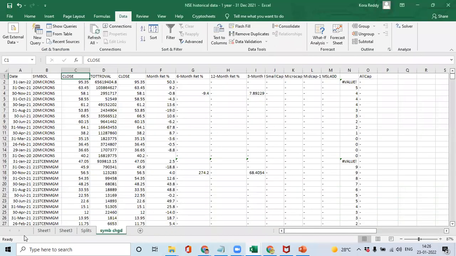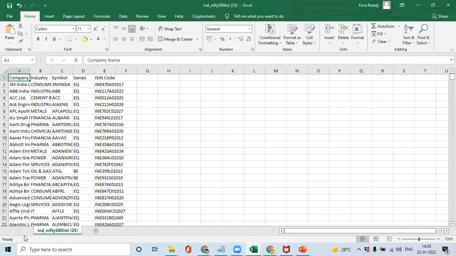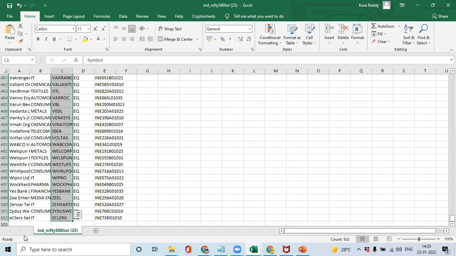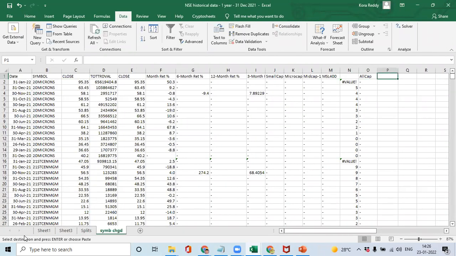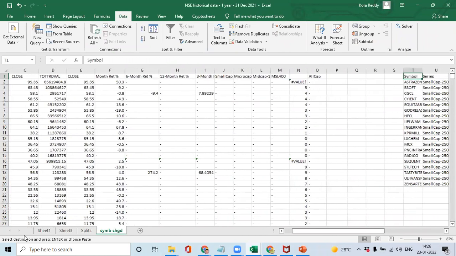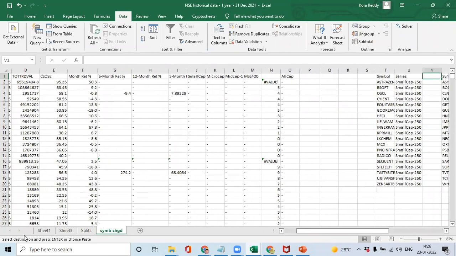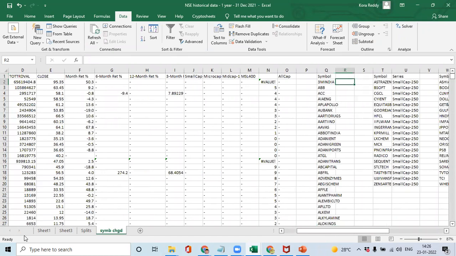So your Nifty 500 list is this as of today. All the symbols. And it's the Nifty 500 index.